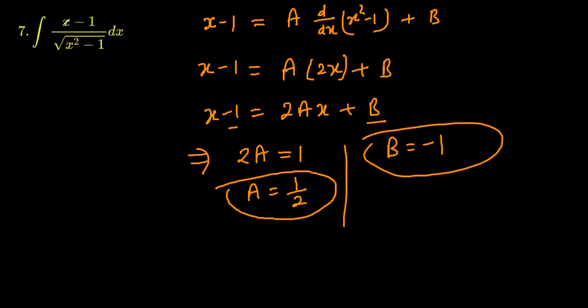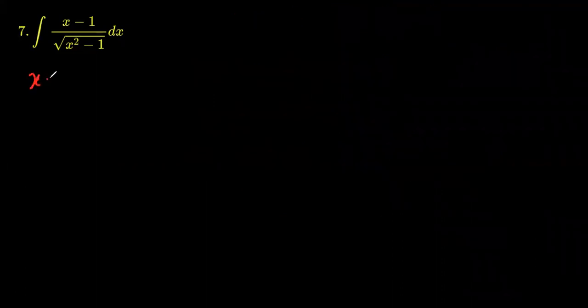That means our numerator, which is x minus 1, can be written as a times 2x, where a is half, times 2x, and minus 1. In fact, what we are saying is our x minus 1 can be written as one by two of 2x minus 1.